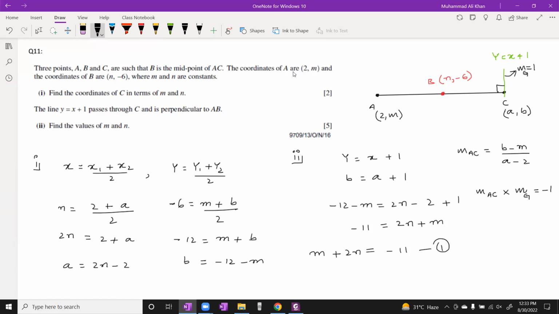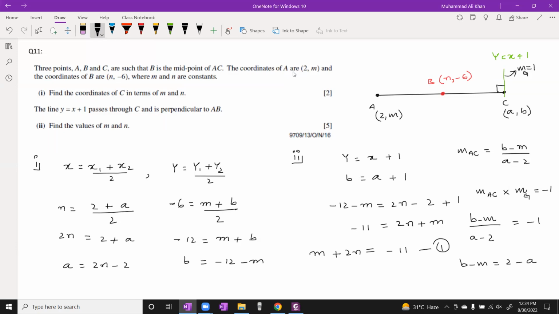So now AC is b minus m over a minus 2. Gradient of the green line is 1, no need to write. Equals minus 1. Can I write b minus m equals, when this is cross multiplied, it will be 2 minus a.